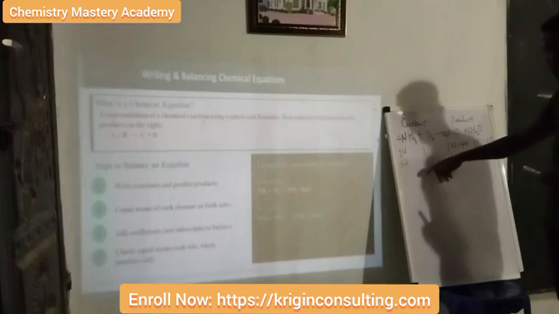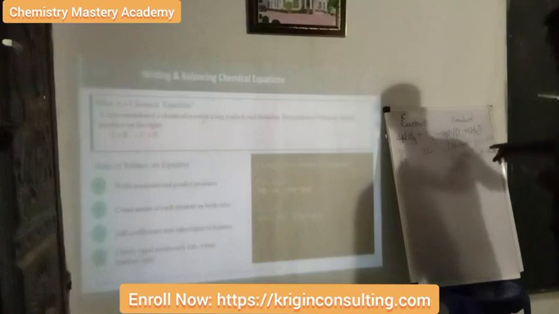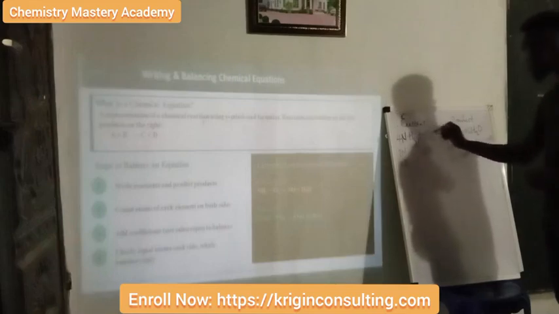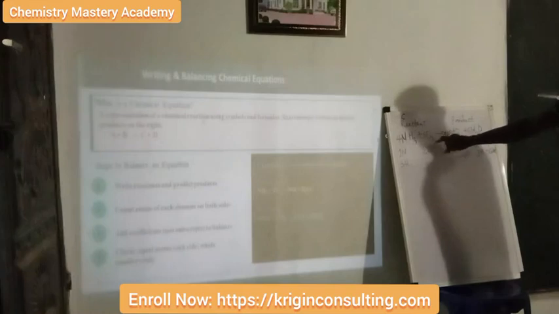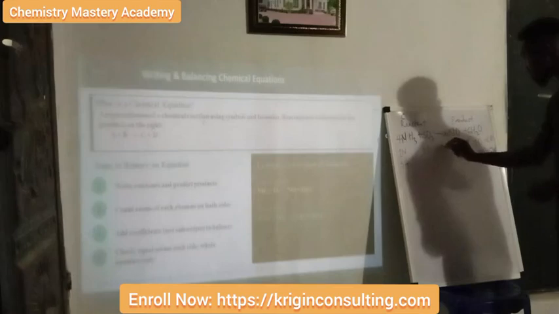But on this side we have just 2. So 10 oxygen on this side divided by these 2 will give us 5. So we'll put 5 here, so that 5 times 2 is 10. So oxygen here is now 10 oxygen.